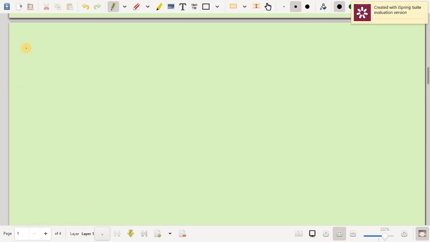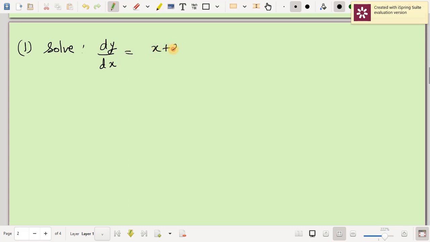So, illustrative example: solve dy by dx equals x plus 2y minus 3 upon 2x plus y minus 3.